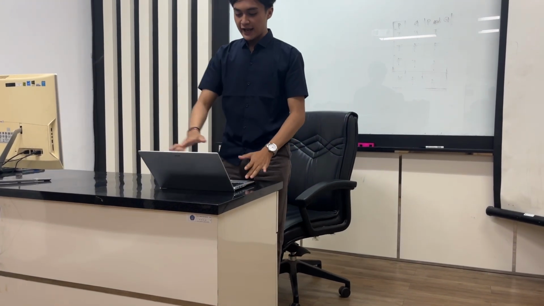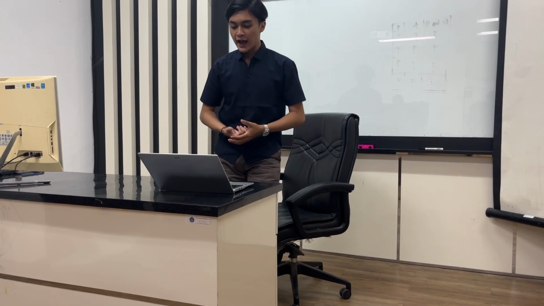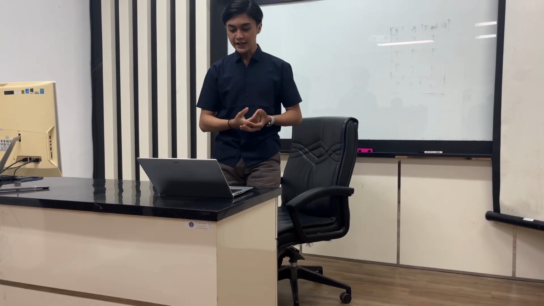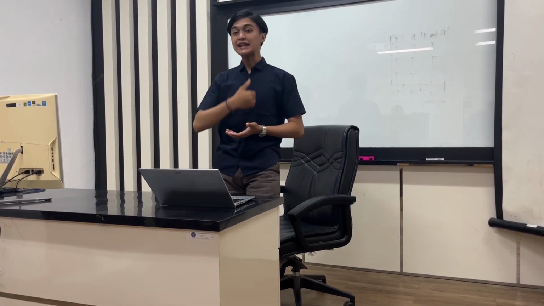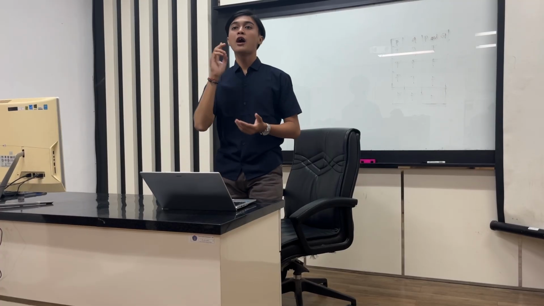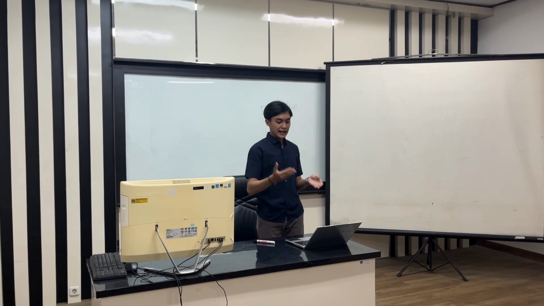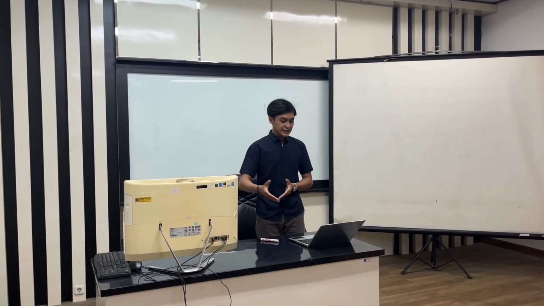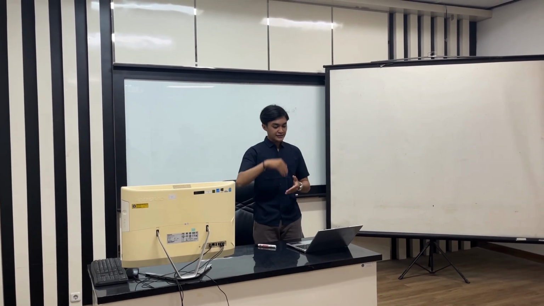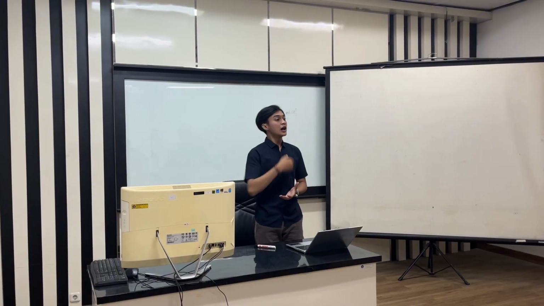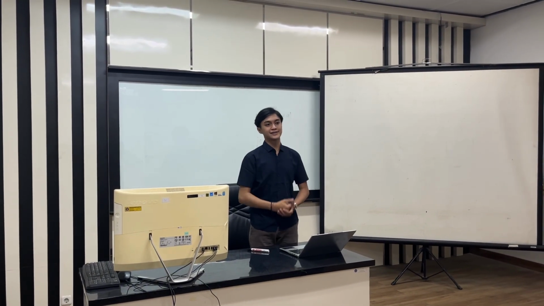Okay, student. So the first material of mathematical logic is the definition of mathematical logic. Mathematical logic is a branch of mathematics that studies correct reasoning to determine whether a statement is true or false. So the next material is statement. A statement is a sentence that has a truth value, either true or false.